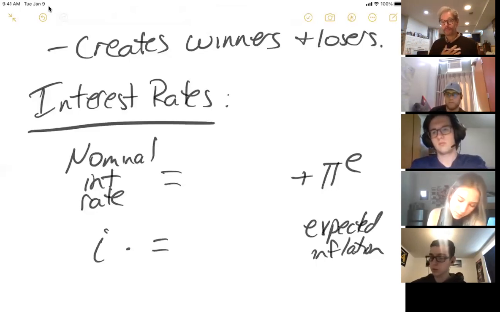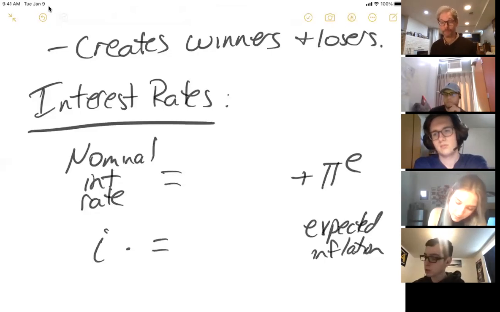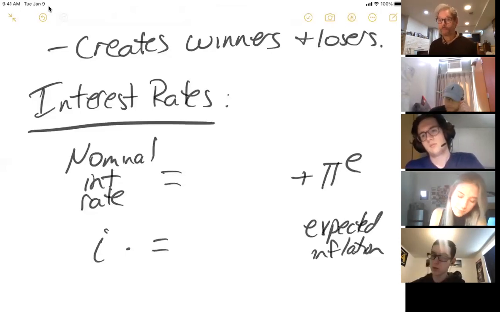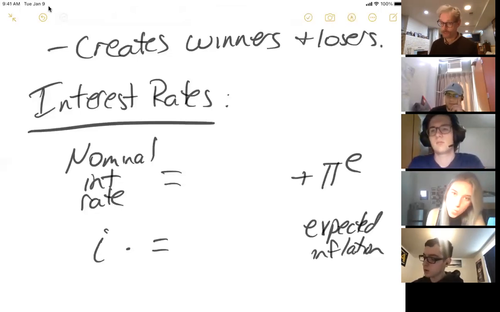So, for instance, if you gave me $10 today and I gave you $10 20 years from now, that's a bad deal for you because that $10 20 years from now is going to be worth a lot less in terms of purchasing power. So at the very least, you're going to need to be compensated for what you think inflation is going to be. But do we know what inflation is going to be in the future? We don't know for sure. So it's the expected inflation rate.